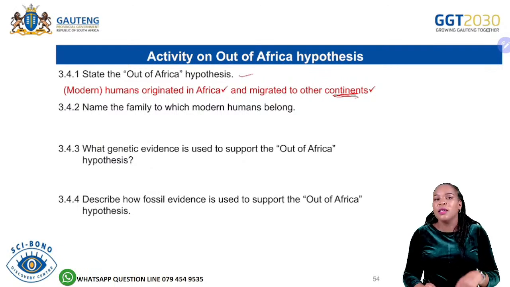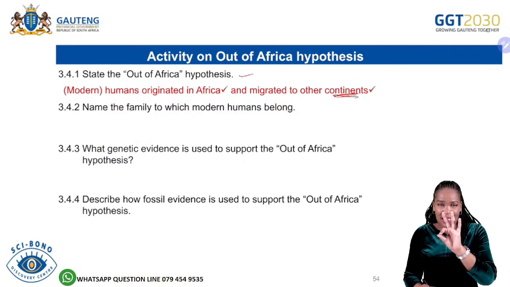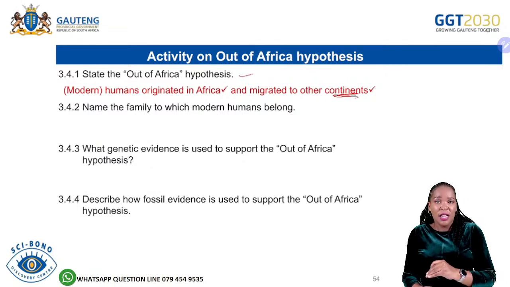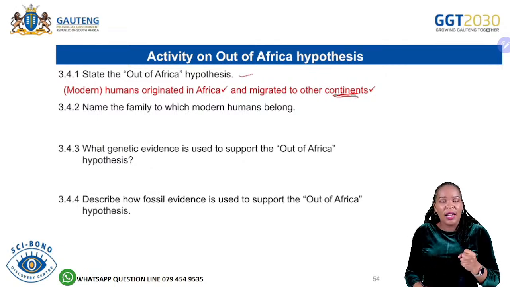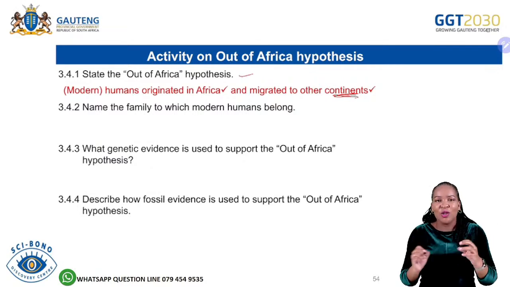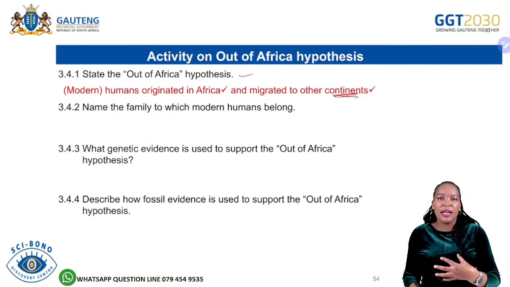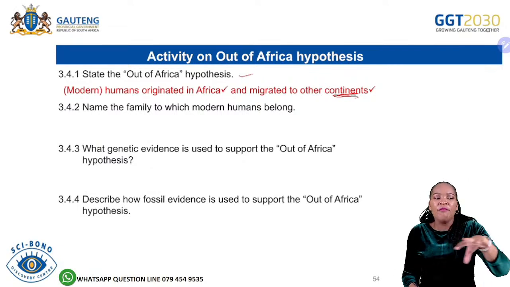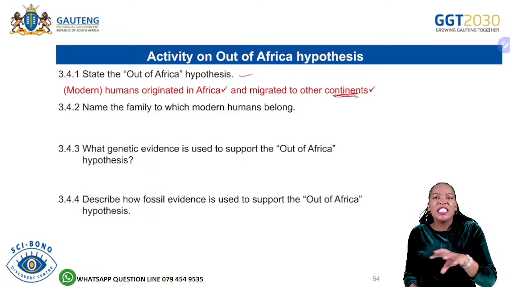Name the family. Remember the family. This is now the 3rd time this question is coming in today's activities. If you are not able to score on that question, please just make sure that you know this off by heart. And it shows you again that if you expose yourself to more question papers, the more familiar the questions are going to be, and the more they are not going to be intimidating to you.